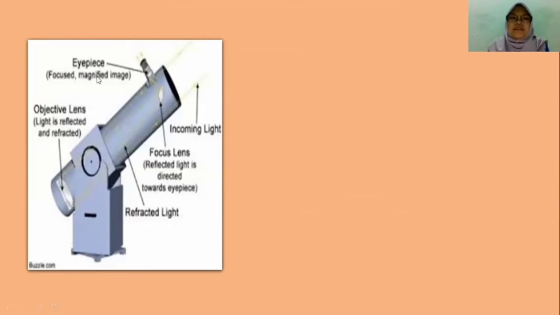There is the eyepiece, which is used to focus and magnify the image, and this is the focus lens. This is used to direct reflected light towards the eyepiece, so it's reflecting the light, and this is refracted light, and this is the objective lens that reflects and refracts the light.